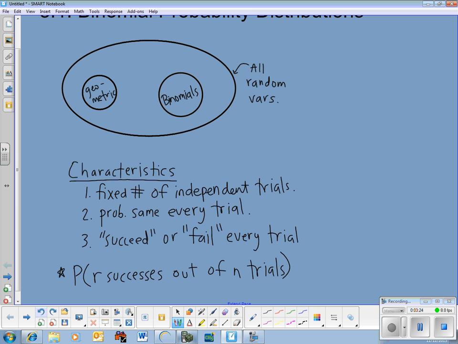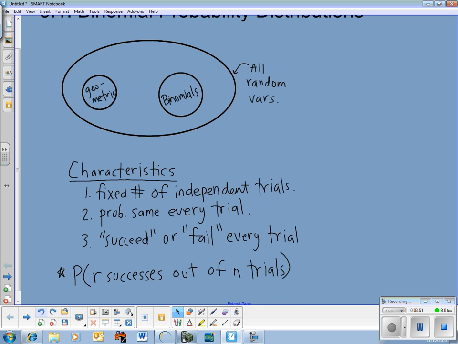Now, success and failure have a positive and negative connotation. The positive outcome doesn't always mean a success. For instance, if I ask 10 people, do you or do you not smoke crack? If they say, yes, I smoke crack, that technically is a success because they answered with the positive answer, yes. Obviously, that is not a success. So don't get hung up on success and failure being the good and the bad outcomes.